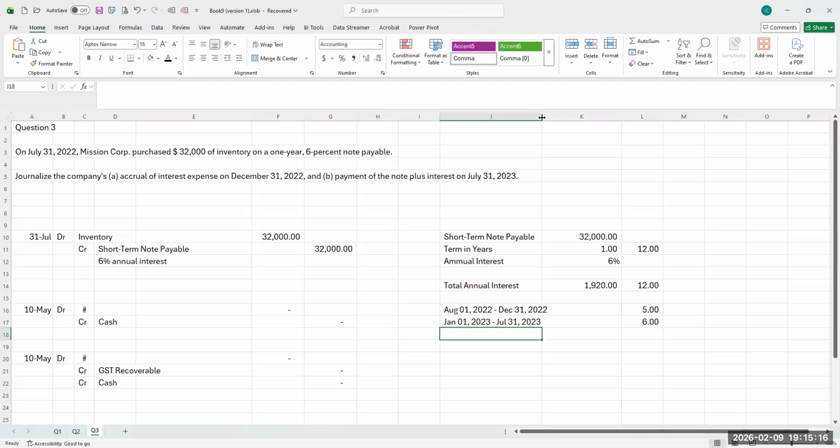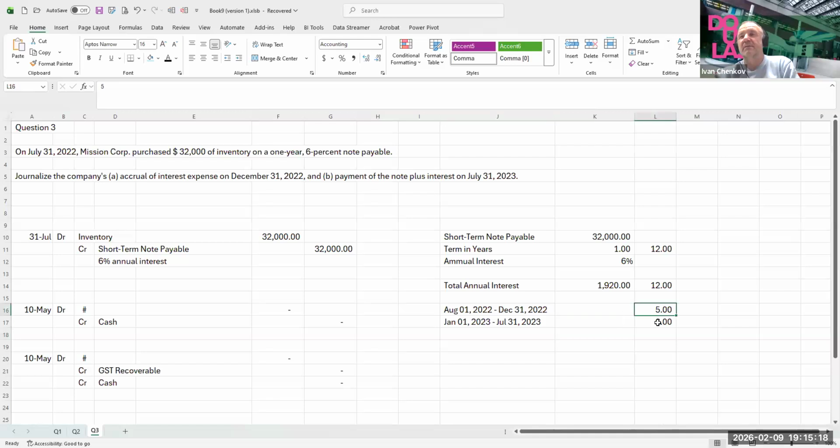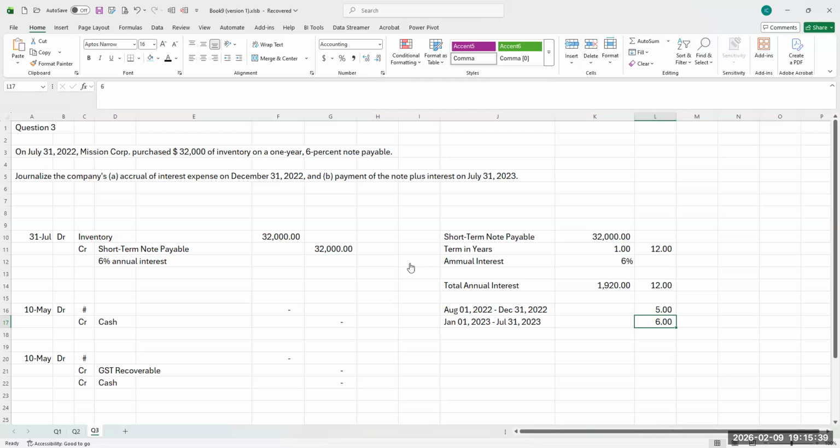So now the question is, we clearly have here 5 months, and we have a 1-year note payable. On the payment date, is it possible for this number here to be 6? Yes or no only. No explanations. Is it possible? There's a whole bunch of no's in the chat.